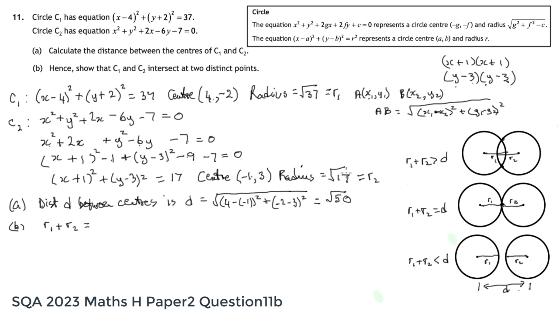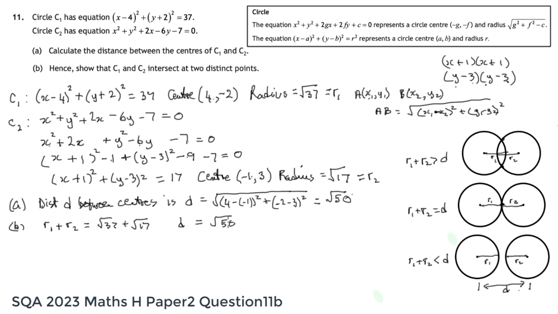Well, that's root 37 plus root 17. And d is root 50. So we've to show that r1 plus r2, this number, root 37 plus root 17, is greater than root 50.